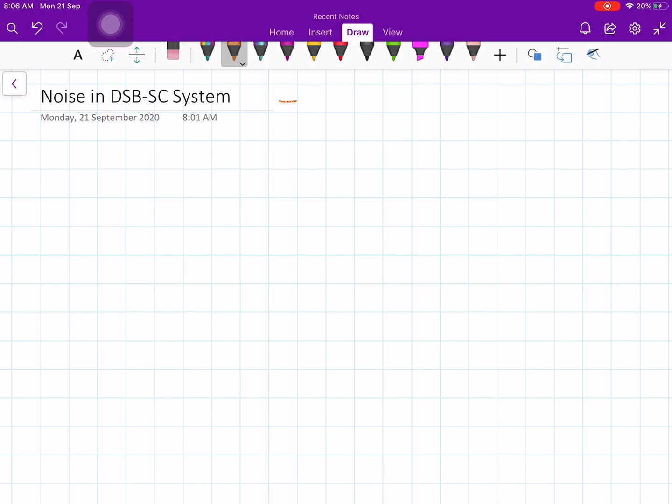Look at the signal power input to the receiver, and noise power spectral density input to the receiver, and then signal power at the output of the receiver, and noise power spectral density at the output of the receiver. So these are the four parameters that we need to consider. I have the receiver, the input is noise plus signal.